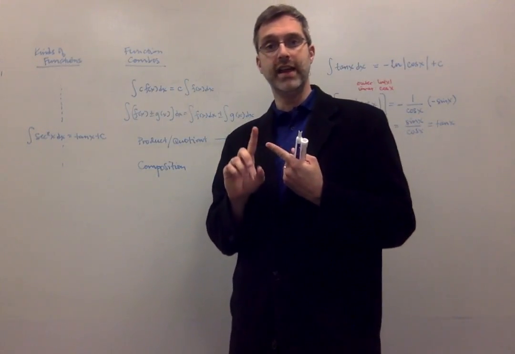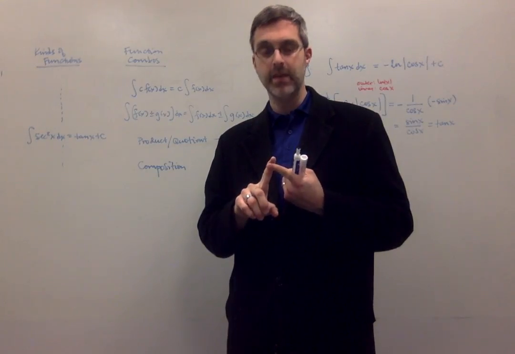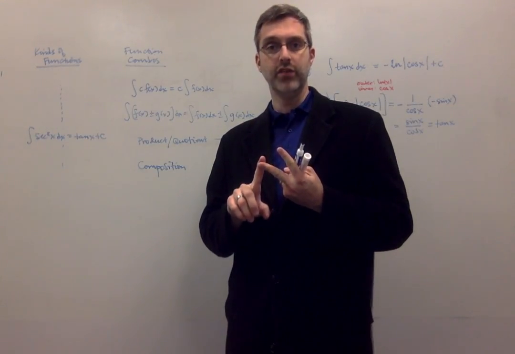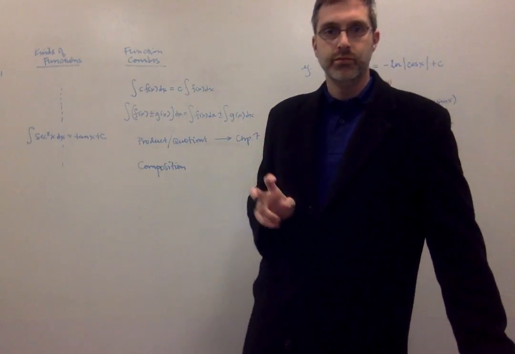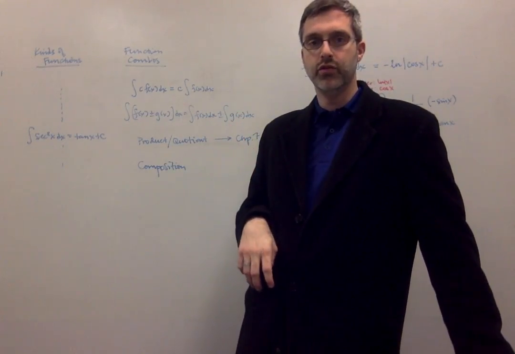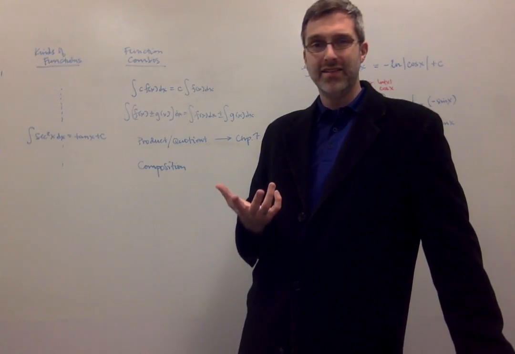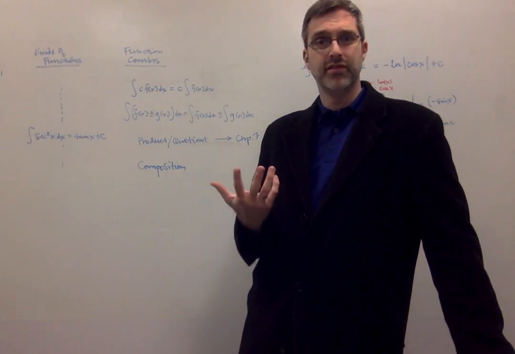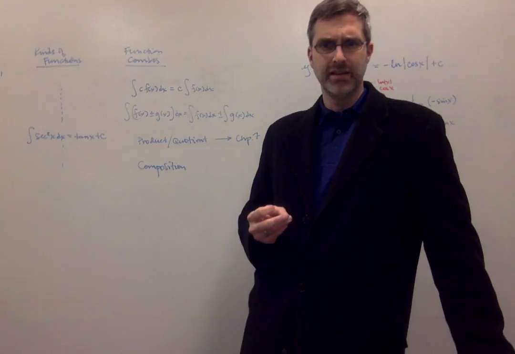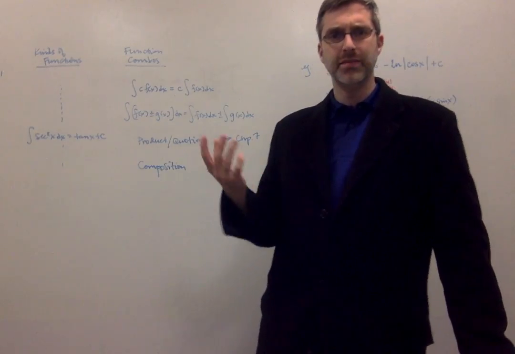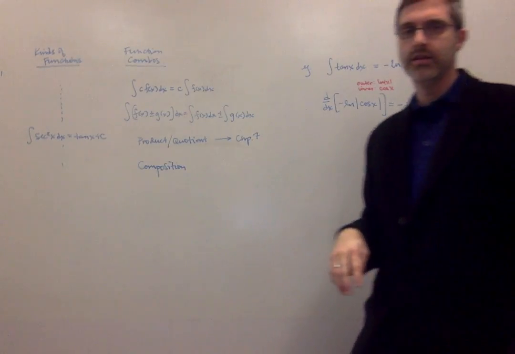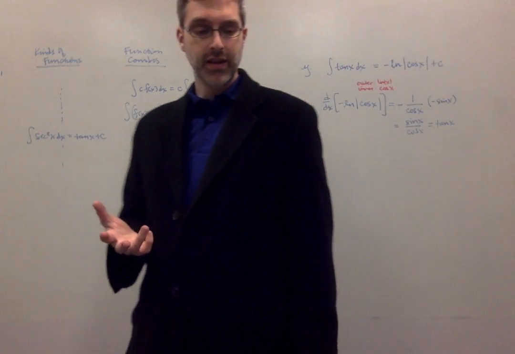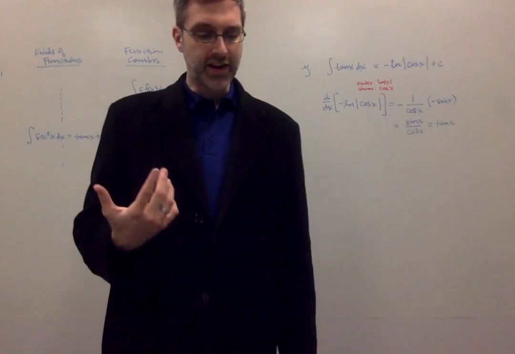We know how to antidifferentiate sine, and we know how to antidifferentiate cosine, but if we don't have an anti-product rule or an anti-quotient rule, we can't do products or quotients of those very easily. Does that make sense? Okay, so something like tangent doesn't have an immediate answer to us. Now, I fed you the answer, and you can check that it's true, but it's a very different thing to find that answer yourself.